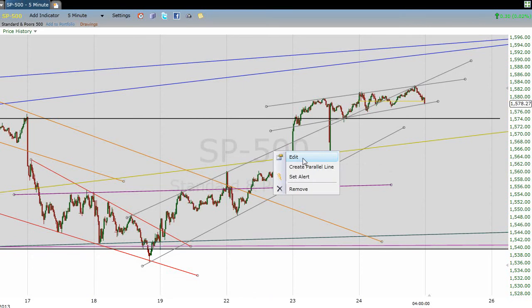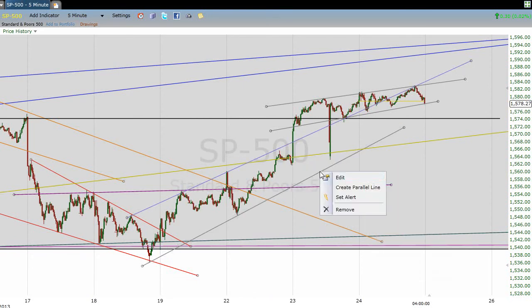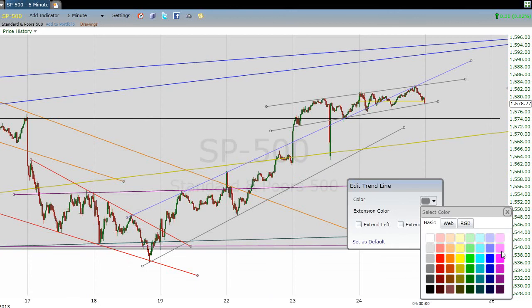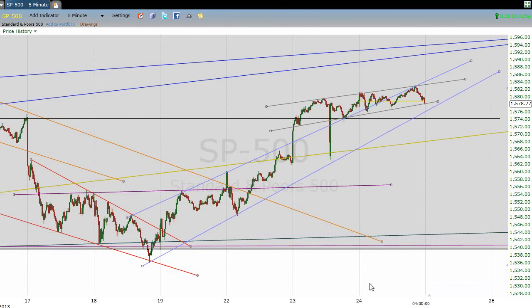So I'm going to change the color of these two lines right here. And as we have stated on numerous occasions, when we see a channel develop, it's worth pointing out. It may be something that's only visible on the 5-minute chart, and it may not be anything that's really strongly relevant in the big picture. I'd still like to point them out.